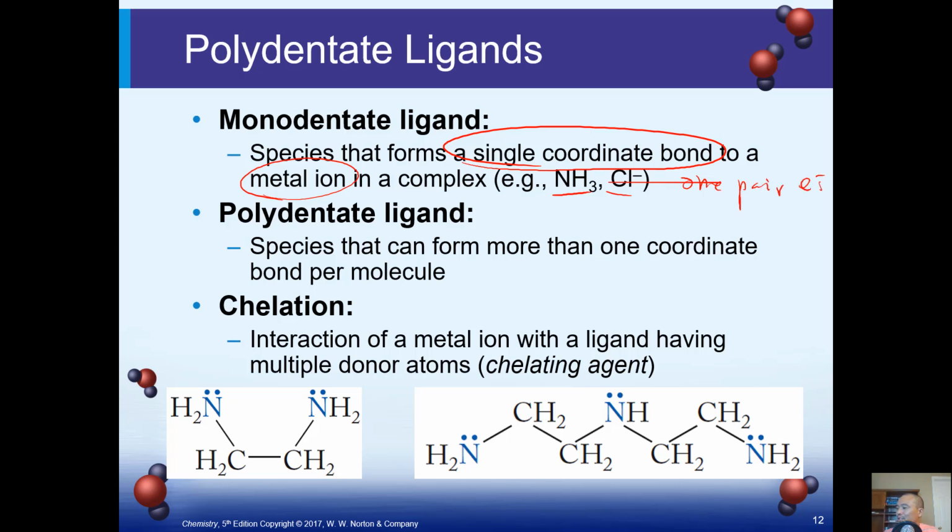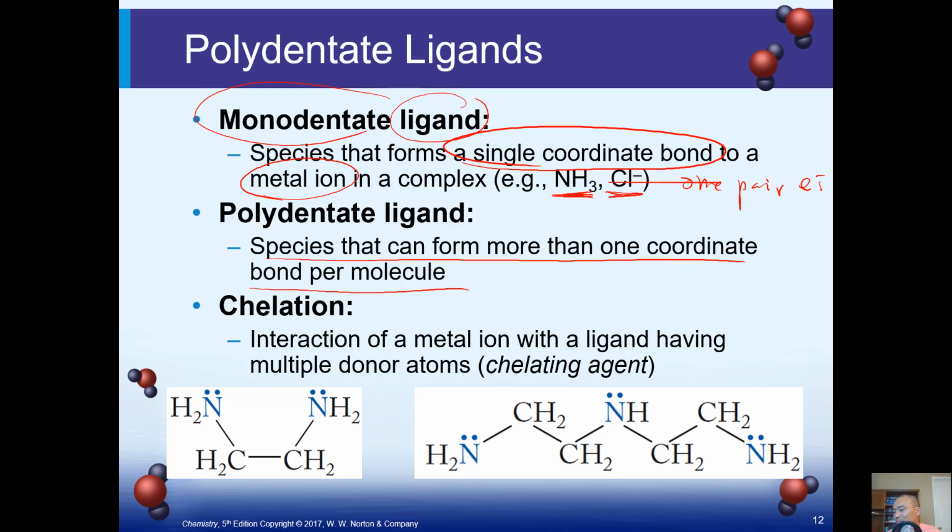For this case, we call them monodentate ligand, like water, and ammonia, and chloride. They are monodentate ligands. But the species that can form more than 1 coordinate bond, then you call that polydentate, which means they can donate more than 1 pair of electrons.